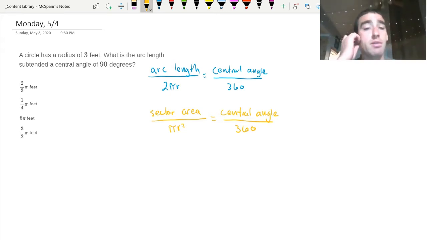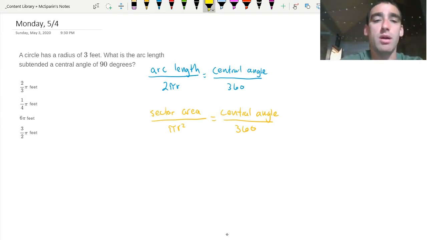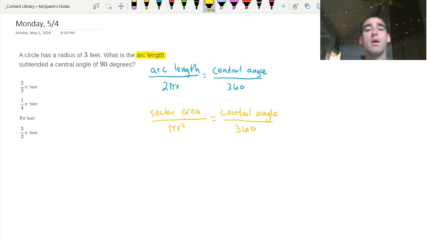A circle has a radius of 3 feet. What is the arc length subtended by a central angle of 90 degrees? Biggest keyword is arc length. Because arc length is what they're asking for, I'm going to use the blue equation.